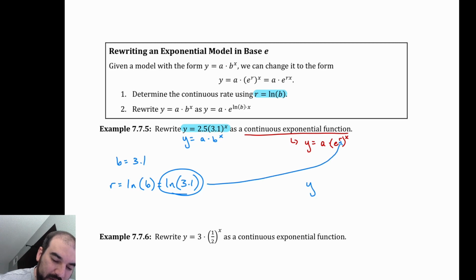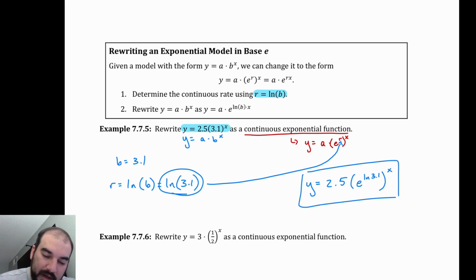So y will equal, the a is the same from the original question, so 2.5. But instead of b, we're going to write e to the natural log of b, or e to the r, which is e to the ln of 3.1 raised to the x power. So we'll write our answer as such.